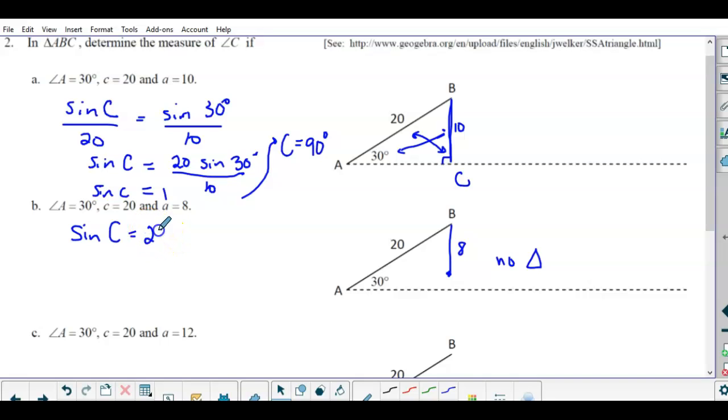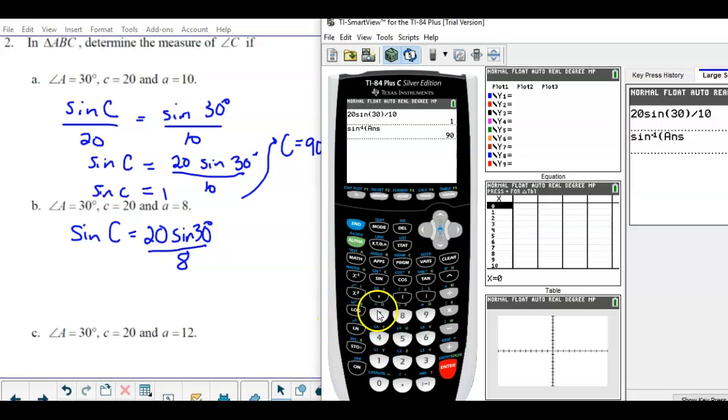So this is going to be 20 sine 30, but it's going to be over 8. So now when I go to my calculator here, if you have a newer calculator you can go up and copy that and just delete the 10 and put 8.